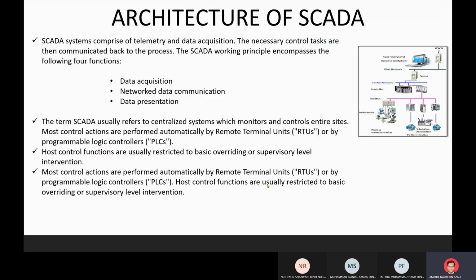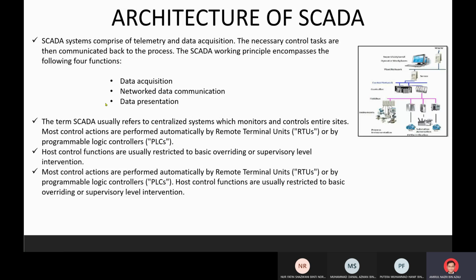Okay, next is the architecture of SCADA. A SCADA system comprises telemetry and data acquisition. The necessary control tasks are then communicated back to the process. The SCADA working principle encompasses the following functions: data acquisition, network data communication, and data presentation. The term SCADA usually refers to a centralized system which monitors and controls an entire site.